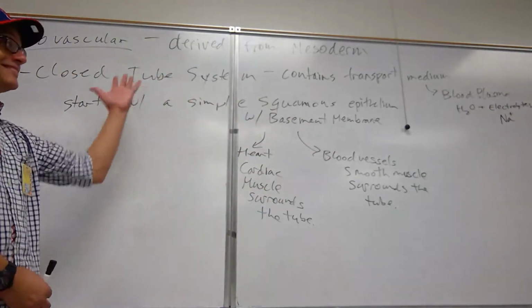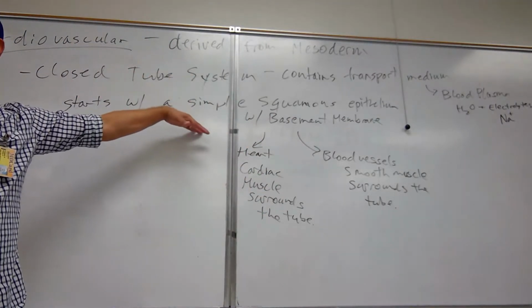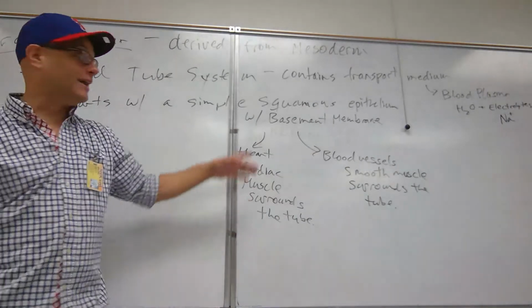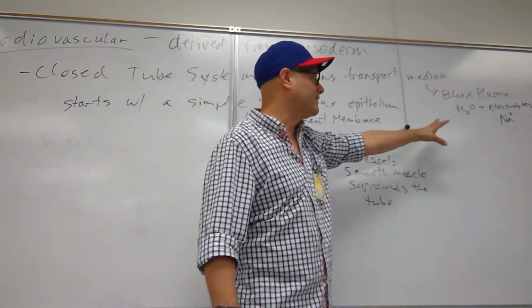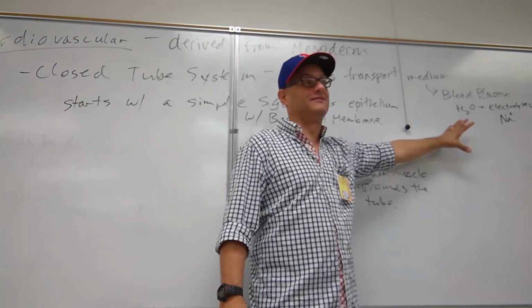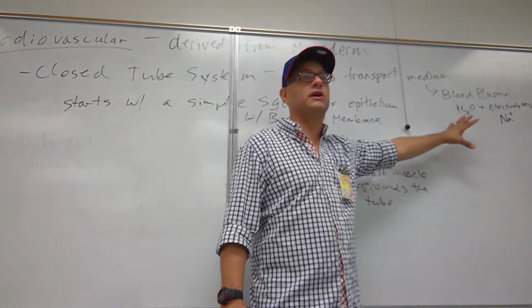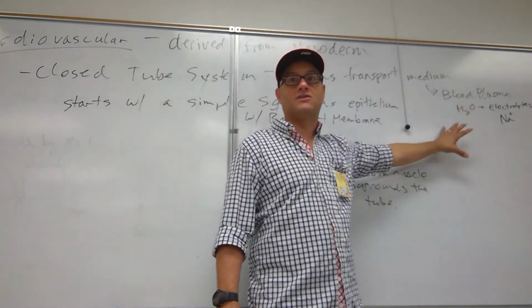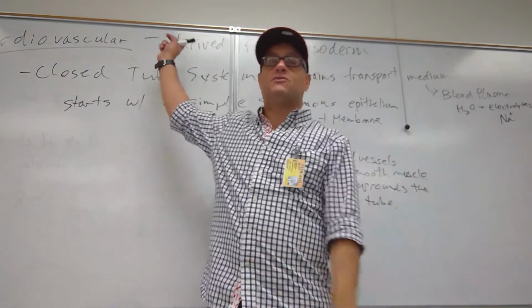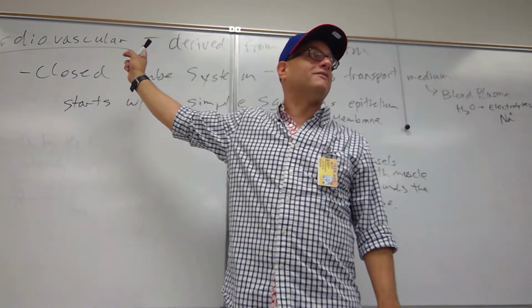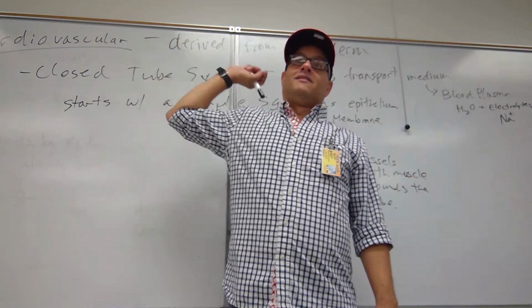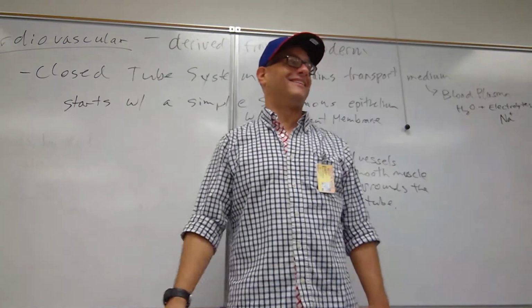I've said everything about the tube and how we developed the tube and what the tube is transporting, yes? But separate from this fluid, you're transporting cells. And those cells are not derived from the mesoderm. Did everybody hear me? They're derived from the yolk sac.